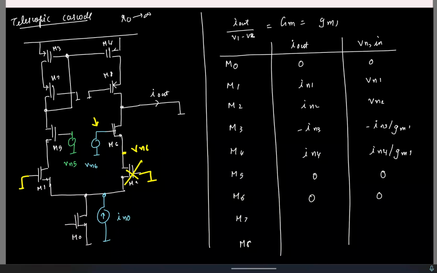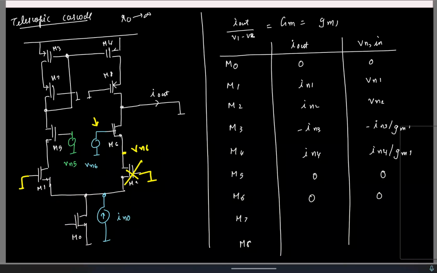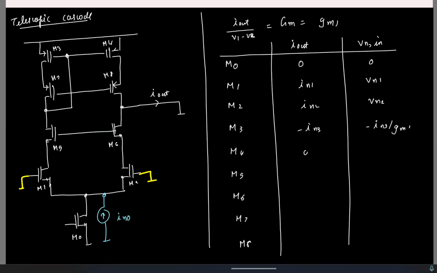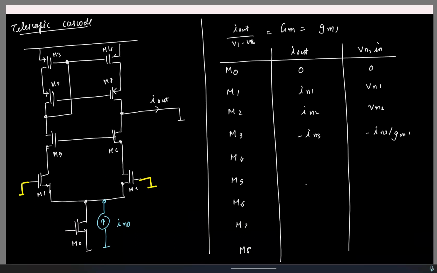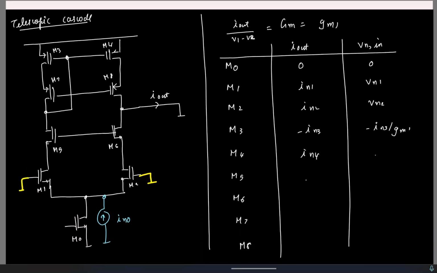For the Cascodes, if you assume the R0s of the main transconducting devices are infinite, there will be no noise due to the Cascode devices. So 0. Now let's do for M7 and M8.